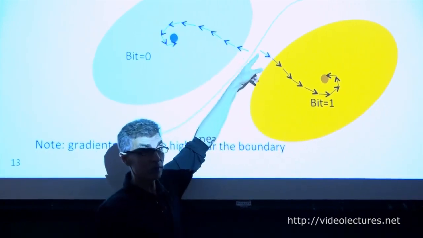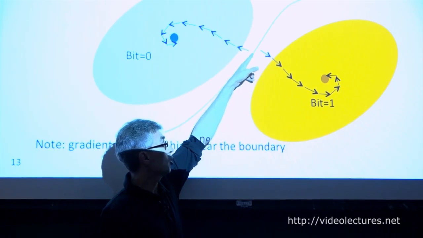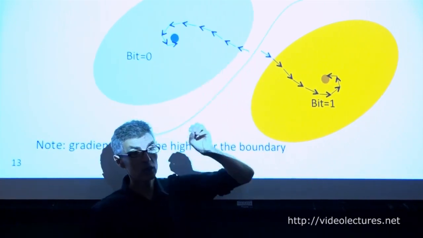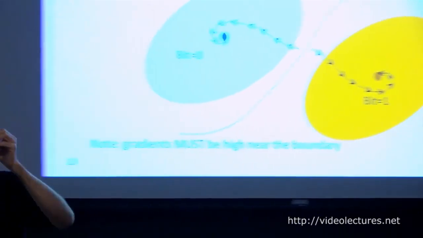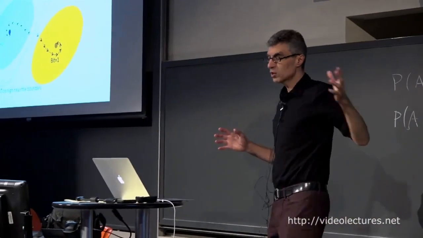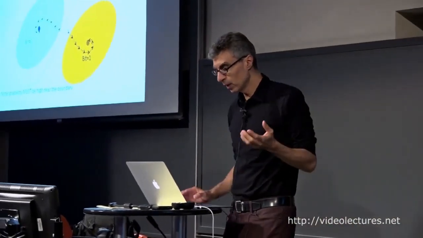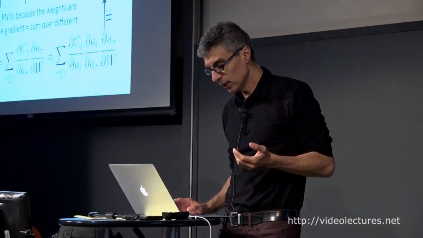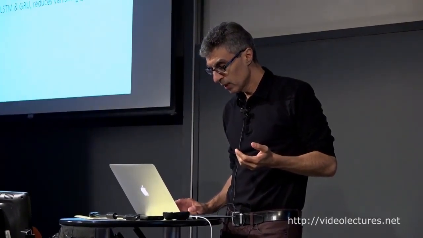So the derivatives of those Jacobians must be huge around here, right? Because a small change can make a big impact. So there are places in the state space where things are bad in the sense that the gradients will be large. And so we really need those clipping things.